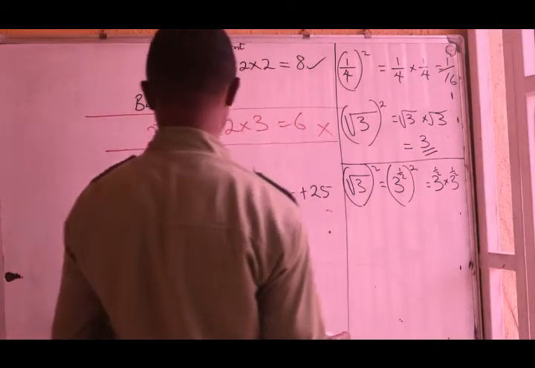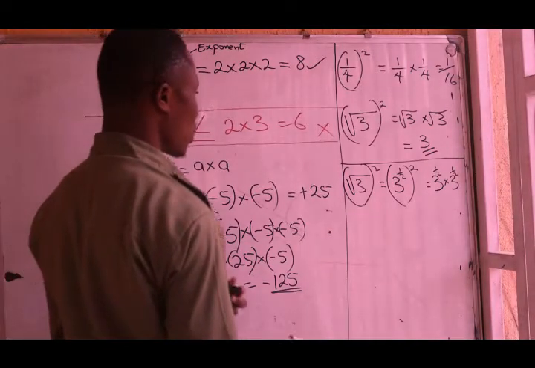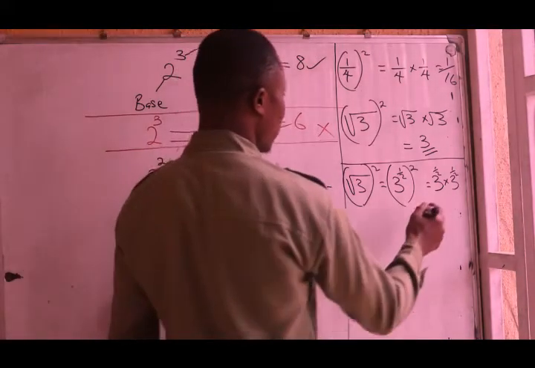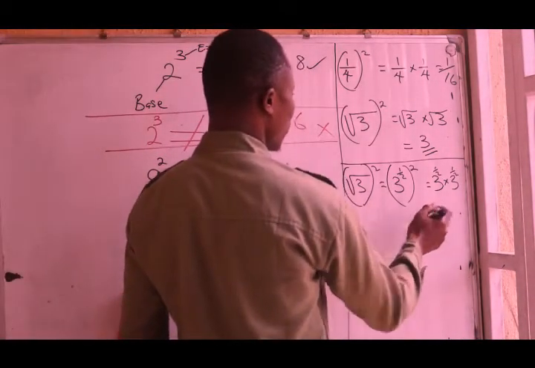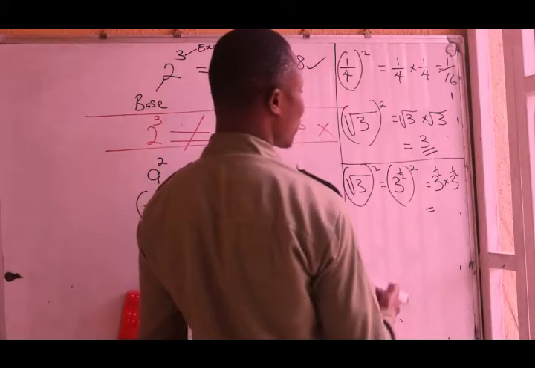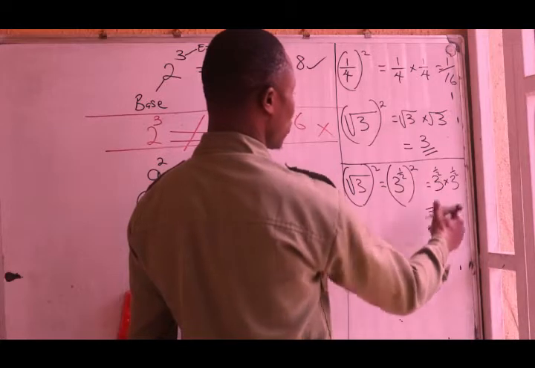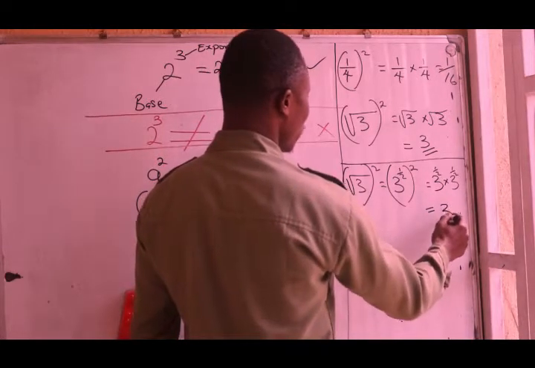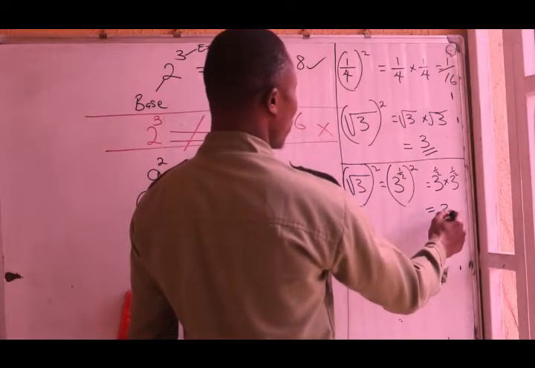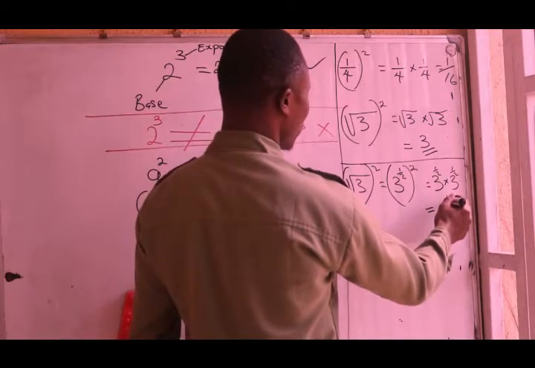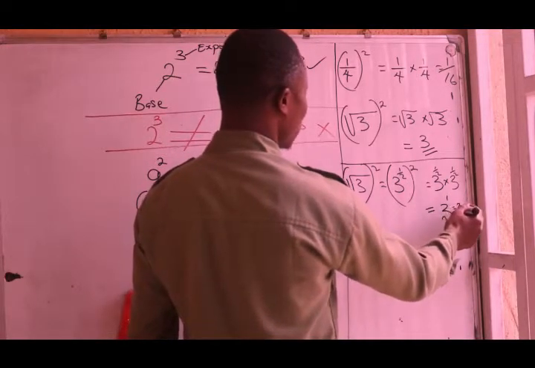We're going to consider laws of indices very soon. For the first law of indices, which is the multiplication law, when the bases are the same, the powers should be added. So you have 3 raised to the power of half plus half, which is 1. 3 raised to the power of 1 is 3.